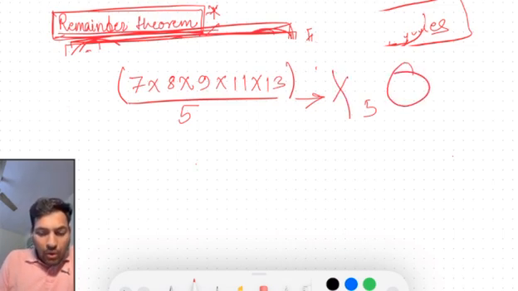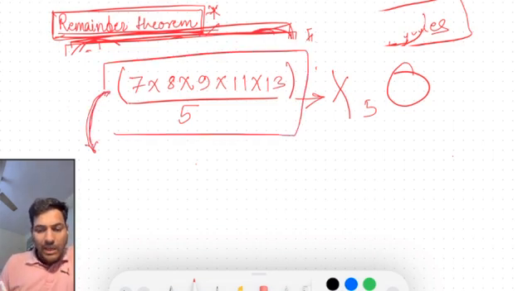Applying the remainder theorem, the remainder will be the same if you replace each number with its remainder when divided by 5.